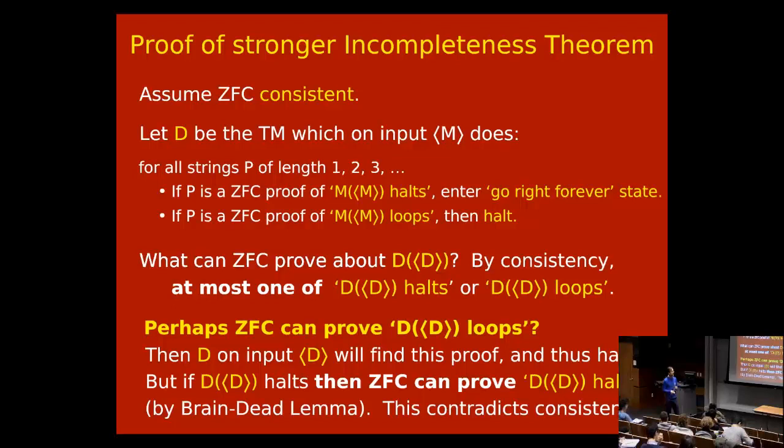And then we're using the brain dead lemma to upgrade that statement from this statement is true to the stronger version, there is a proof of this statement. We can do that because this is a very simple statement. If D of D halts, there's definitely a proof that D of D halts. So we can move from truth to the more syntactic statement, there's a proof of this fact.